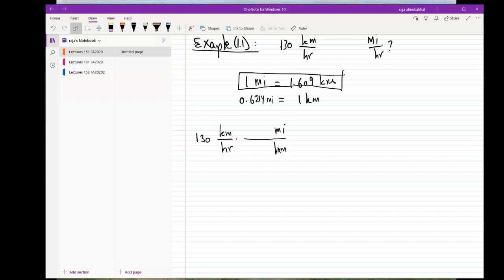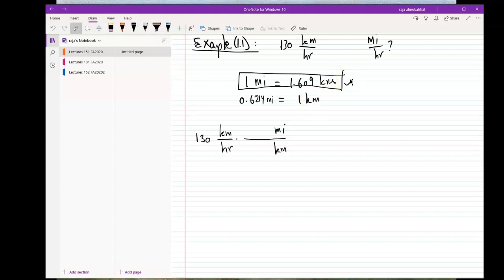You got that? Because the kilometer is in the numerator, I'm going to put it here in the denominator. If it was in the denominator, I'm going to put it in the numerator, and so on. Okay? And now I find a relationship between miles and kilometer. Well, it's one of those. Pick whichever you want. You'll get the same answer. It doesn't matter. So I'm just going to use the first one right here.